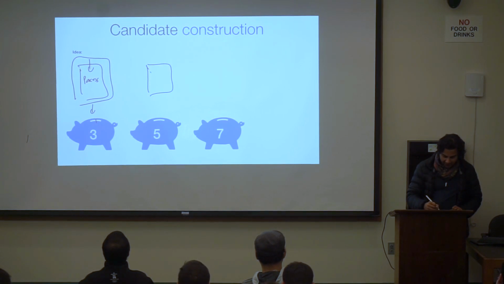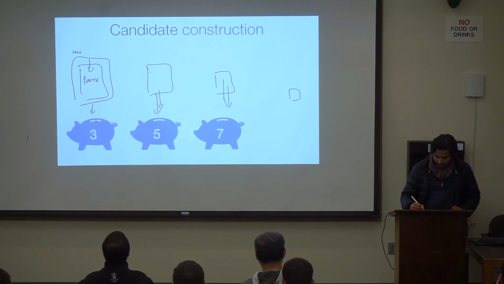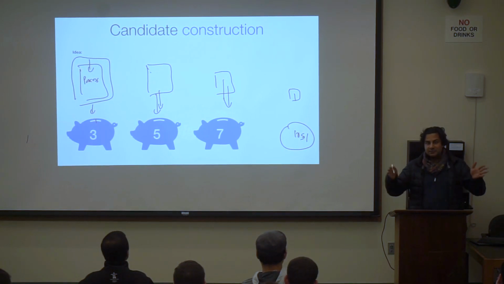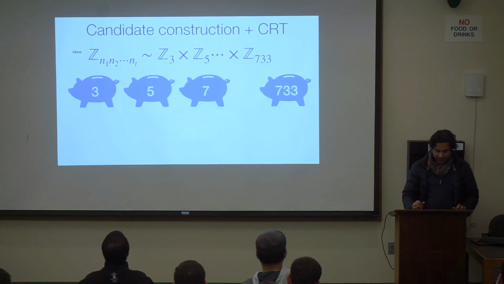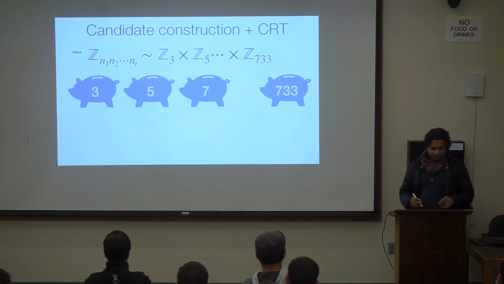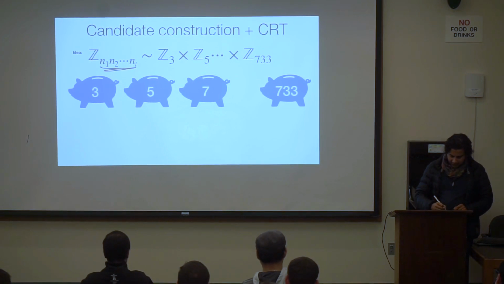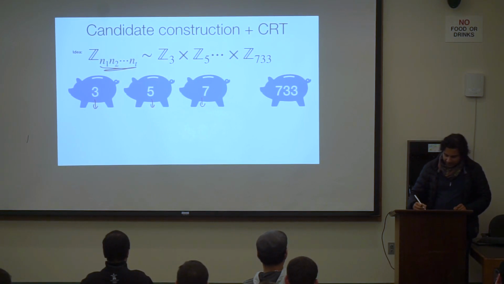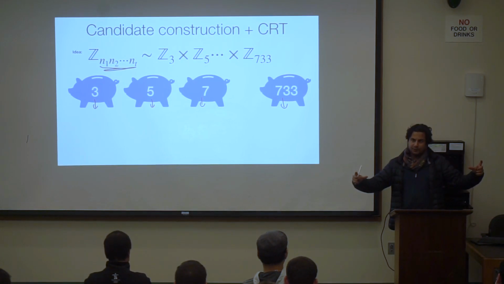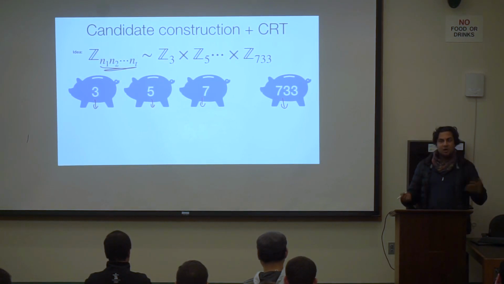And then we have a slightly smaller process for 5. We put that into our piggy bank, and a slightly smaller process for 7, and a really small process for the piggy bank that's 1031. So let's construct these numbers separately, and then use our CRT representation. If we want to get a number right here, we just extract one candidate from each of these piggy banks, and now we have a P. And now there's basically no wasted tests.